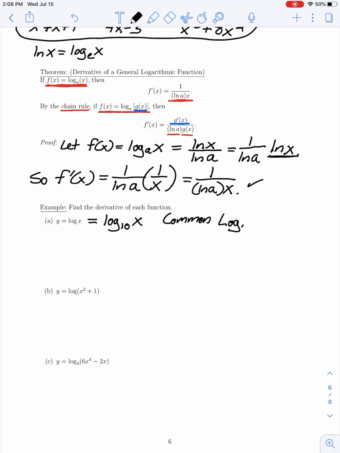So instead of writing log base 10, you'll sometimes see texts or calculators use just log of x, but that's just notation for log base 10. So using our new theorem, the derivative of the common log of x would be 1 over the natural log of the base, which was 10 here, times x.